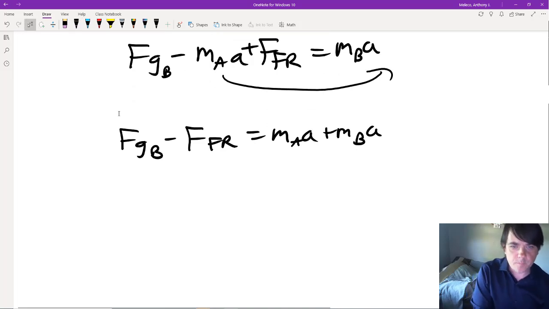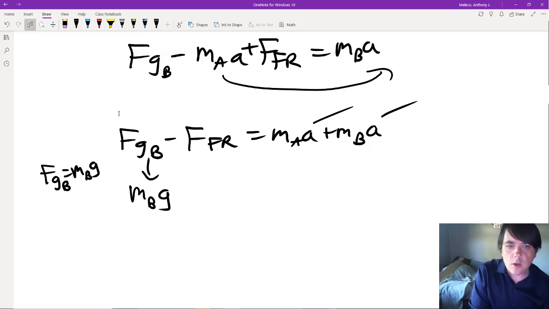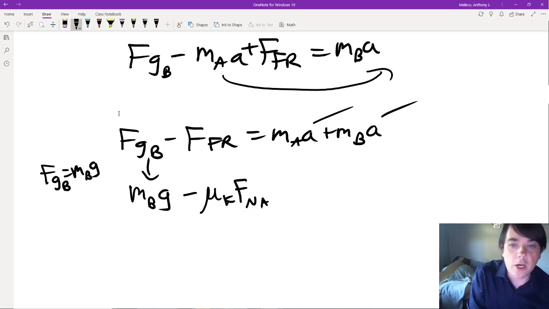If you remember, this problem is starting to resemble what we did before. Pull those out. This I can turn into MB g, because remember, mass times gravity is the force of gravity. But now we have this force of friction here, which is just mu k times the normal force, which in this case was FNA, because we're talking about the force of friction with the A box.